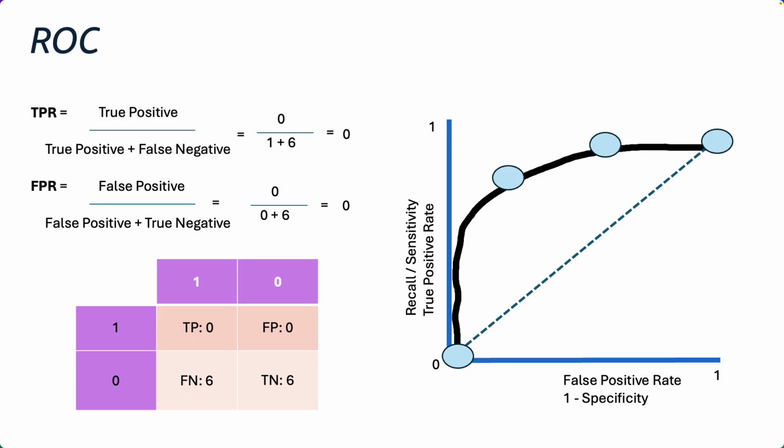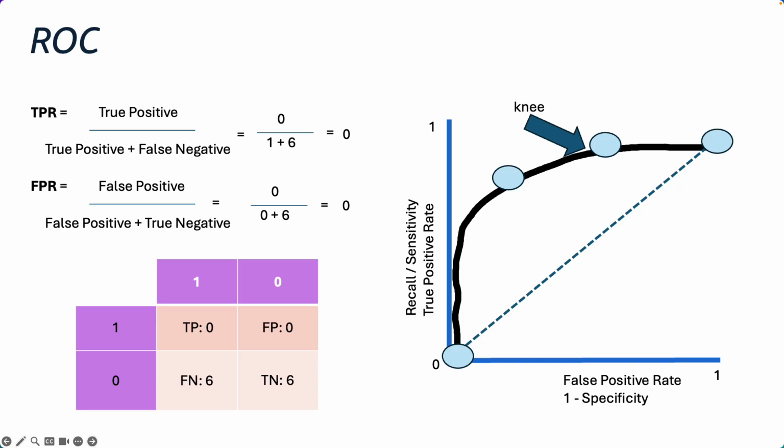Now, how do we use this to determine the threshold to use for the business requirements? So for high recall, you need to make sure you have identified all the true positives and all of the true negatives correctly. And at this point, you look at the knee in the graph where there is a significant change of angle that indicates the highest sensitivity with the best false positive rate.